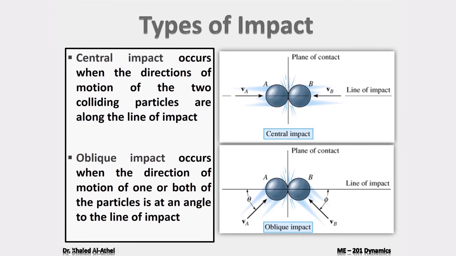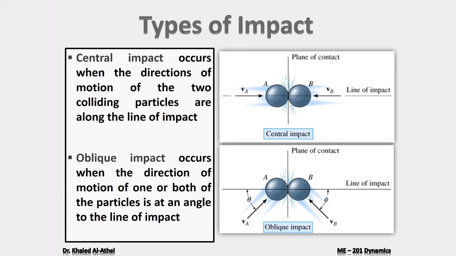So let's discuss the mechanics under which central impact happens. Imagine that you have two balls, or two objects, or two particles as shown in the figure on the right. If central impact occurs, that means it is an impact case where the directions of motion of the two particles are along the line of impact.